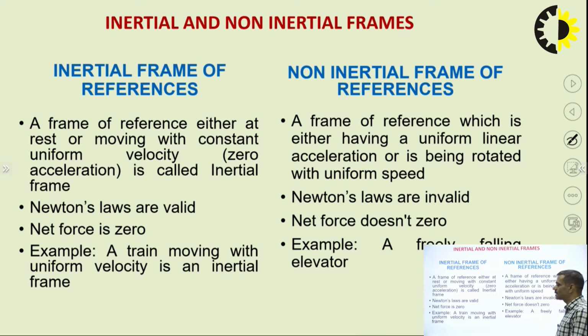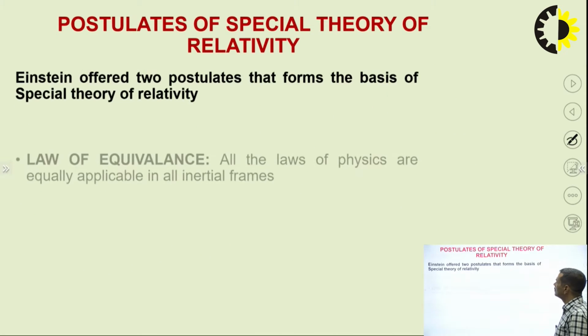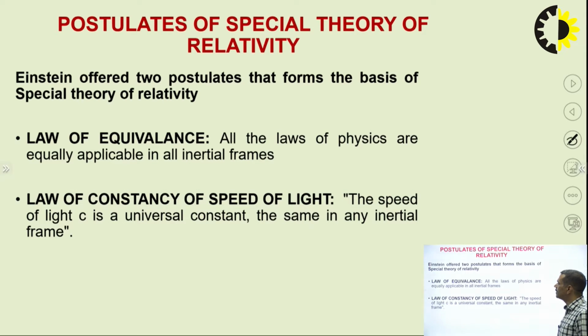To explain any phenomena, we will always consider frames, and we will consider only inertial frames. Then, in brief, I will give some details about the postulates of the special theory of relativity, because the whole special theory of relativity is based on two postulates, known as Einstein's postulates.